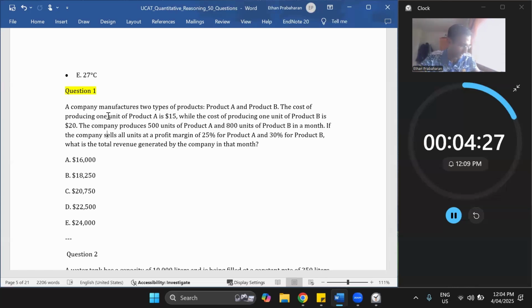Okay, let's just go 18.75 times 500 and 30%. So that's 26, I think. What's 10% is 2, so 30% is 30. Yeah, so 26. Sure.